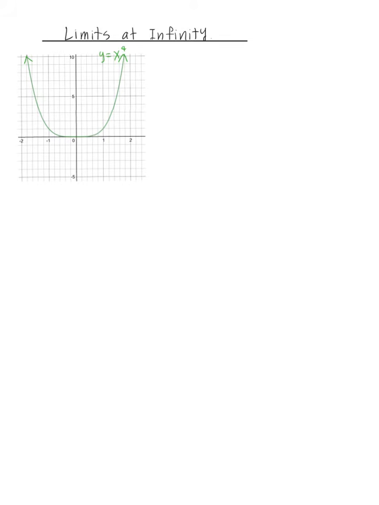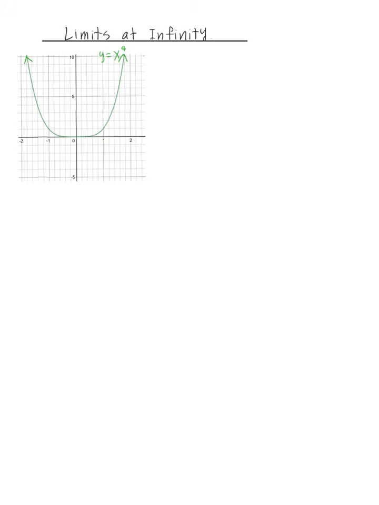Now let's try to describe the tail end of this graph. Notice that as x is going towards negative infinity, where is the tail end going? Well, the y values are going to assume infinity when x approaches negative infinity.